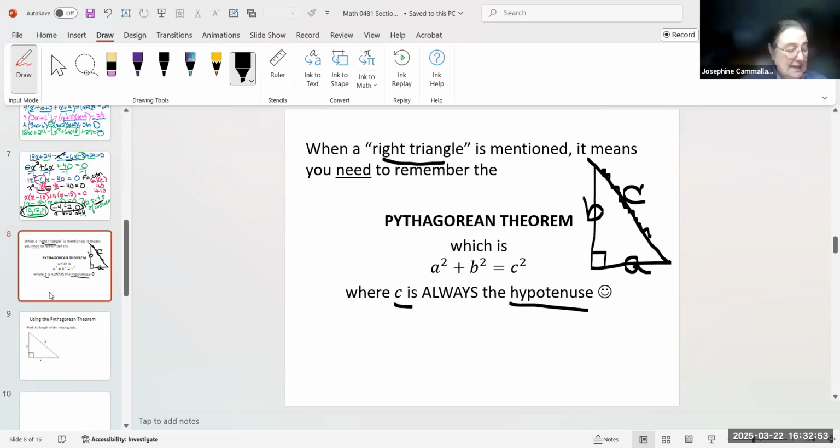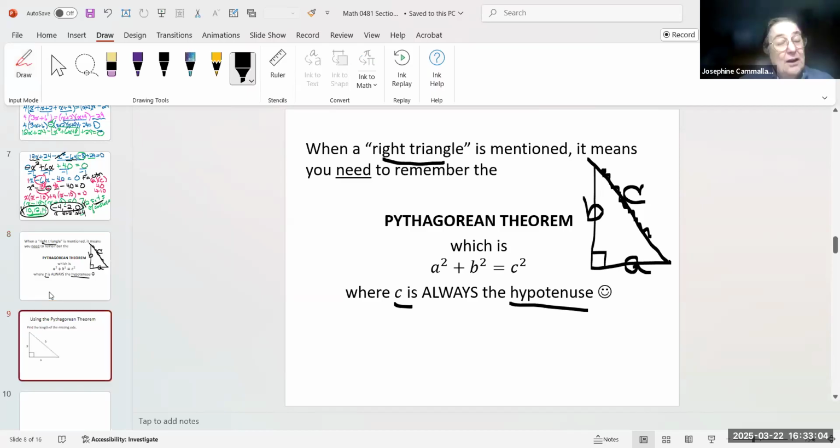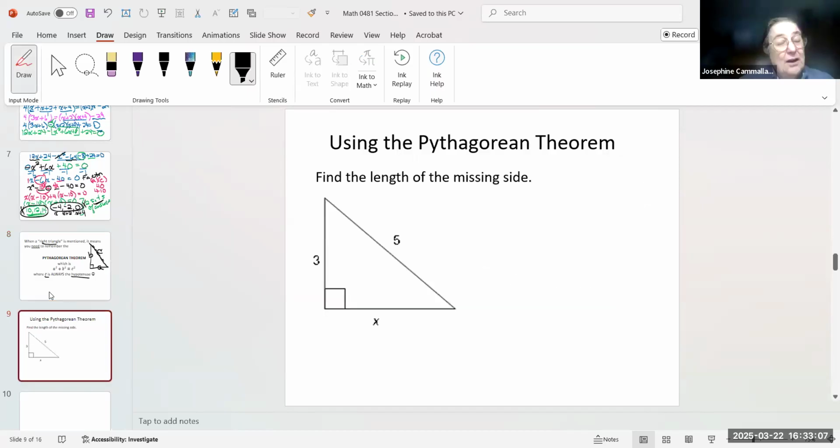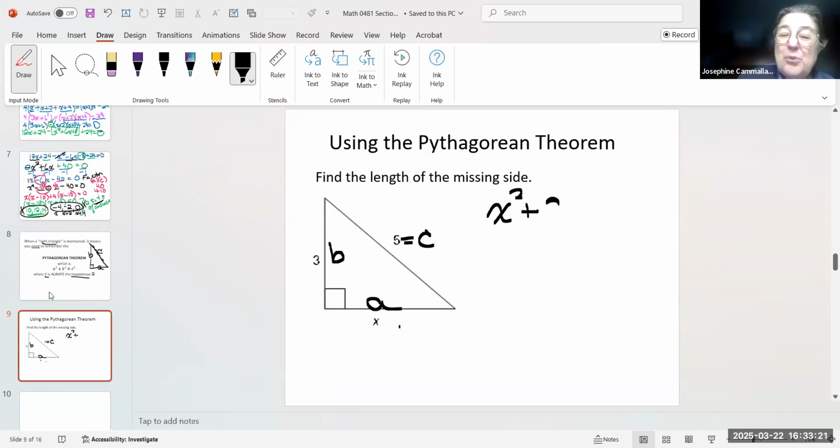Now, hopefully, you remember from prior math classes how to use the Pythagorean theorem. A squared plus B squared equals C squared. And we're going to give you a little bit of a hint. This is my A side, this is my B side, and this is my C side, which means x squared plus 3 squared is equal to 5 squared.